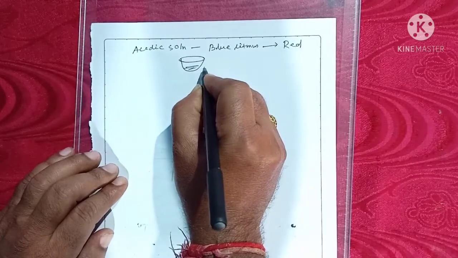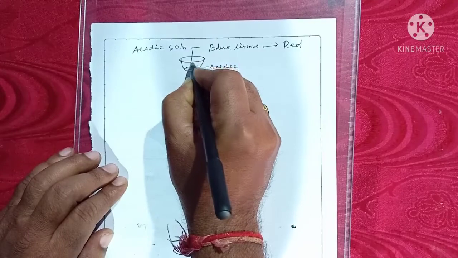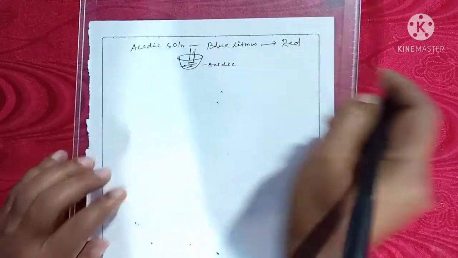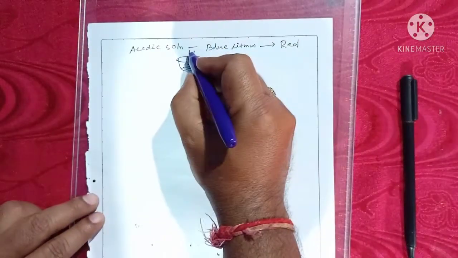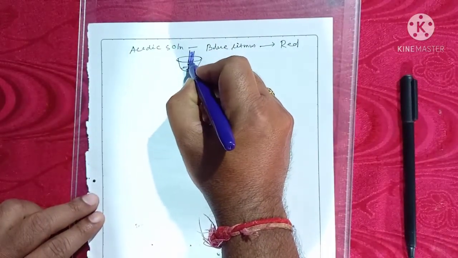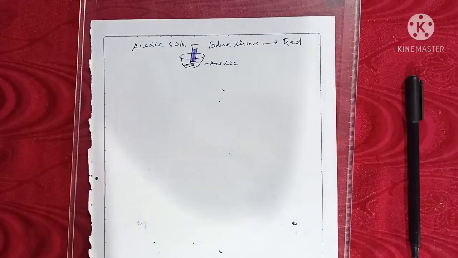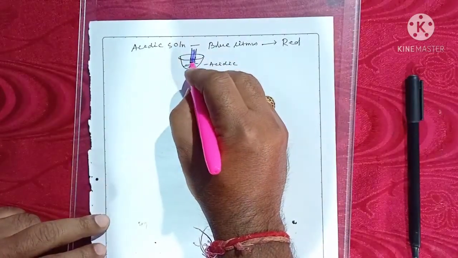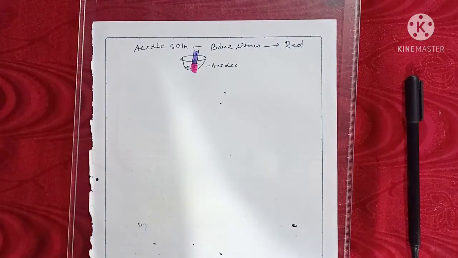Suppose this is acidic solution, when here we shall add litmus paper, suppose we are adding here blue litmus paper, when it will be dipped inside the acidic solution, then it will become red like this.